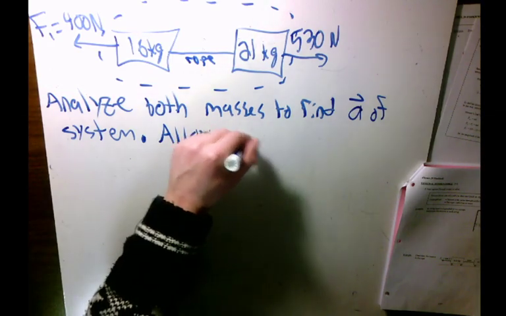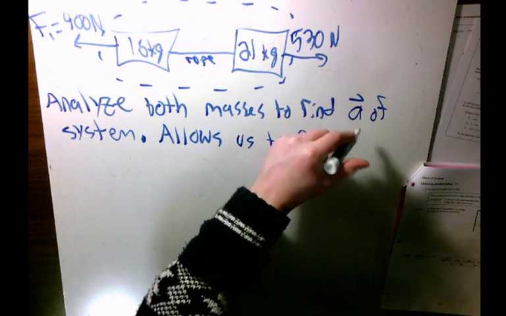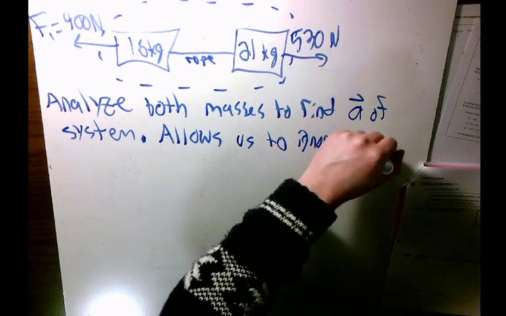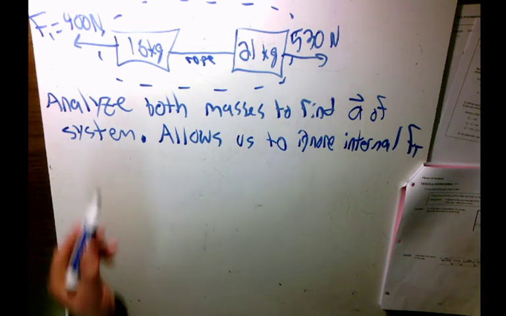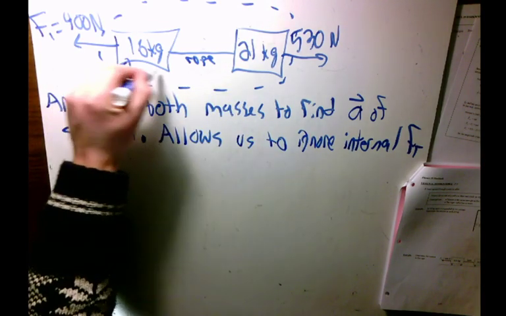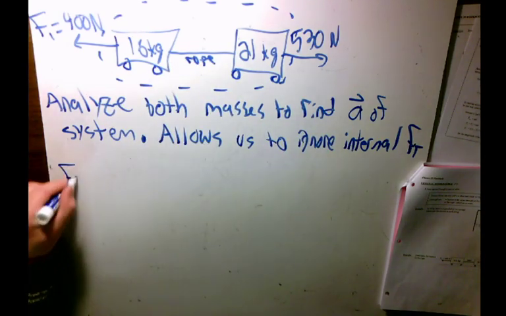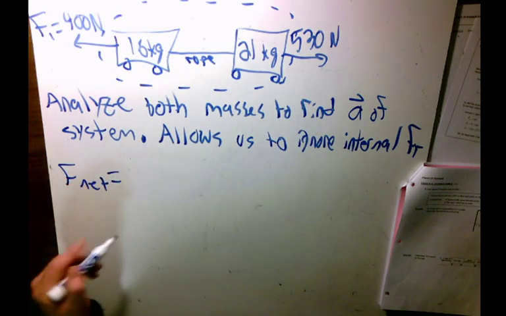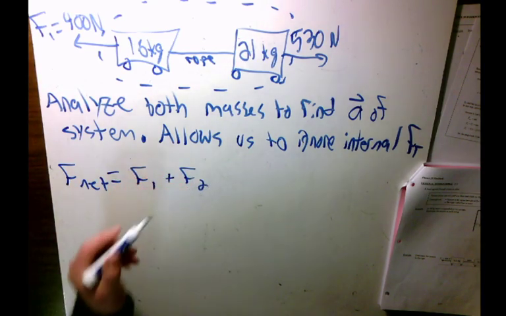So it allows us to ignore the internal tension force. So now looking at both masses together, both of these carts, we can ignore the rope, and we know that the F net is equal to F1 plus F2.